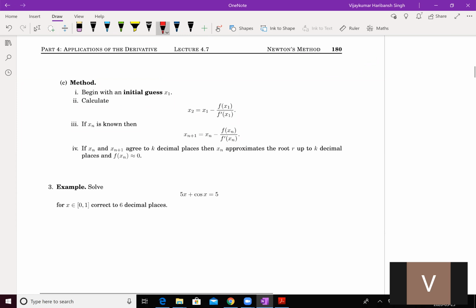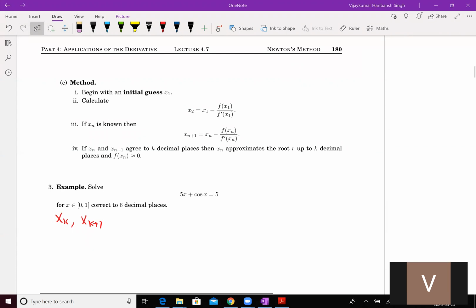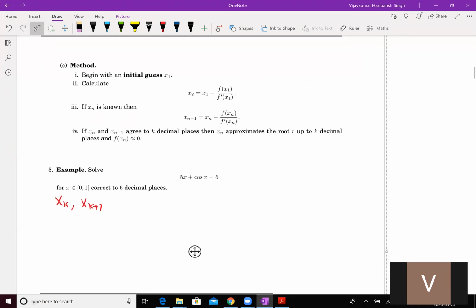If you look at an iteration, say, suppose you have iterations xk and xk plus 1, if they are equal up to 6 decimal places, then you say your answer is correct up to 6 decimal places. Okay, so now let's try to do this problem. First we'll make f of x out of it.